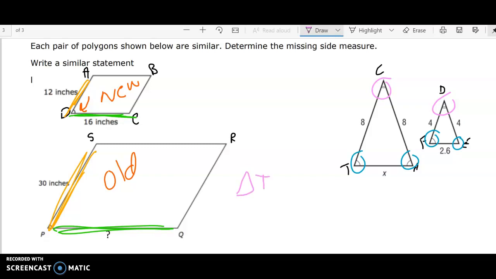So I can say triangle TCA is similar to triangle FDE. So notice TCA went from single to double to single, and FDE also goes from single to double to single.